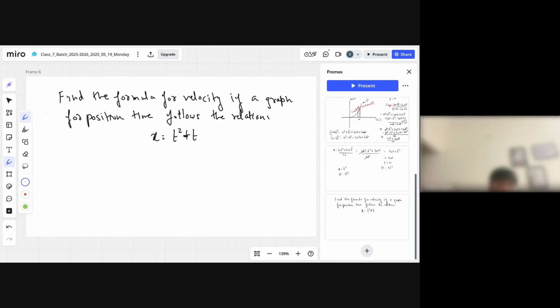And similarly, the down one also. And for once, apply a minus b whole square formula correctly, please.